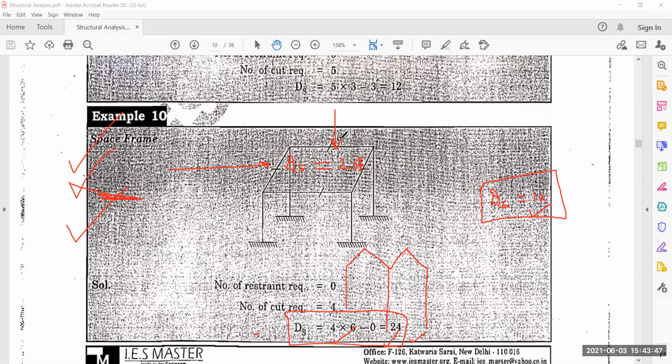Do not bother. When the method of structure analysis comes, I apply all the loads: UDL, point load, concentrated load, and I have different methods there to calculate. No change comes in DS, so do not bother if a vertical load is given.